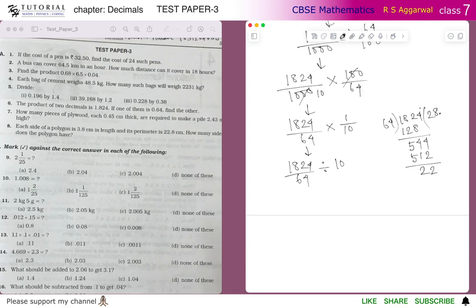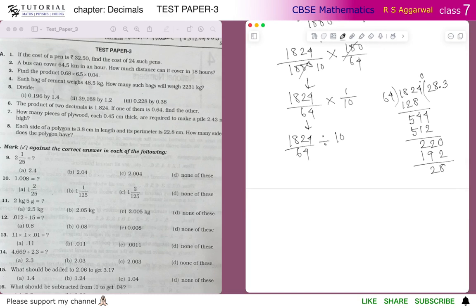Add a 0 to the right of the dividend, a 0 to the right of the remainder, and proceed with the division.